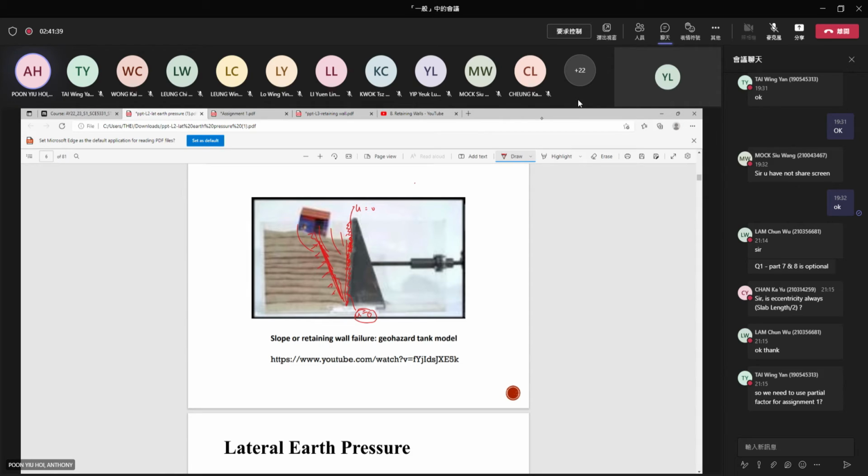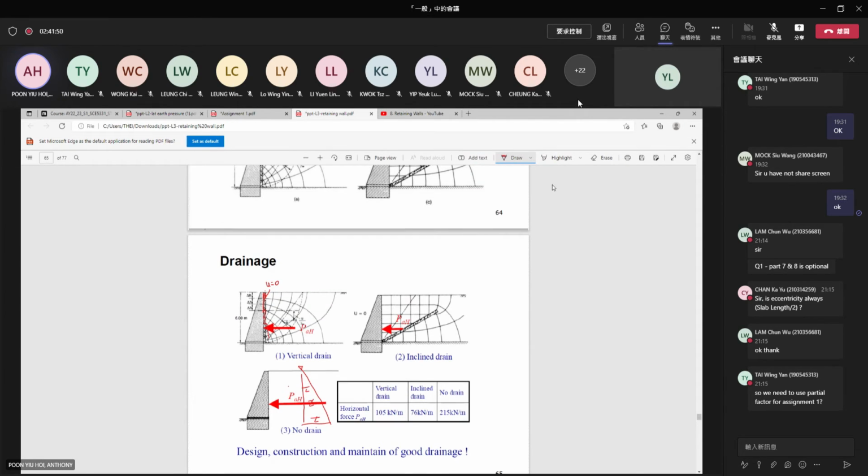So vertical drainage is actually not the best solution. That's the key conclusion. So what should we do? If we want this pore pressure to be 0, we can install what we call an inclined drain.